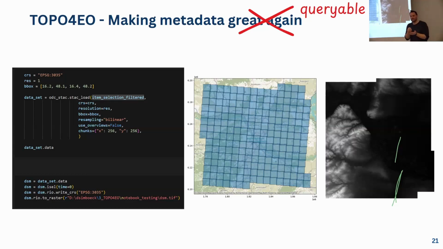So we are not limited to individual tiles, but we can really download and access exactly the data that we are interested in. So if you have a certain study area, if you have a certain training area, whatever, it's very easy and it's a very convenient way to access the data. So you don't need to download all the tiles that basically make up your study area, but you can really access the data as you need it.